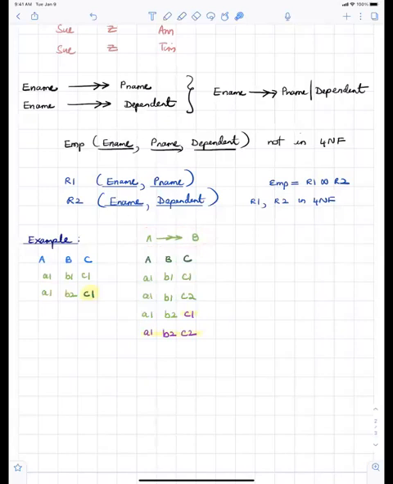I would also like you to take a look and see. We are given that A multi-value determines B. My question is, does A multi-value determine C? What do you think?